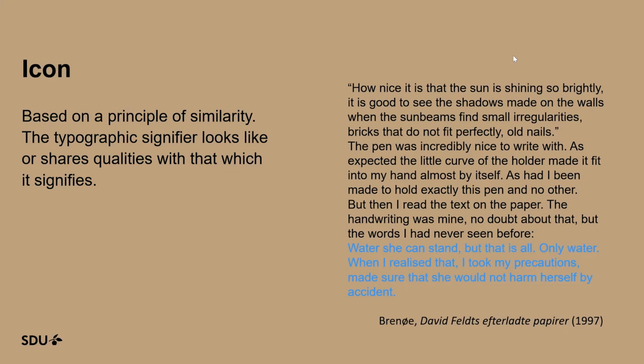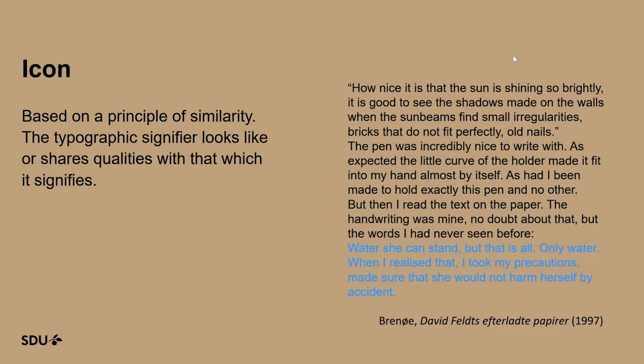So in this way, the iconic use of colored typography helps to create a significant aspect of the meaning of the novel, that is, the possible schizophrenic nature of Feldt's psyche, that and the fact that he is probably the man who kills a woman that he's starving to death, right? And that meaning also comes about through the different color of the typography.